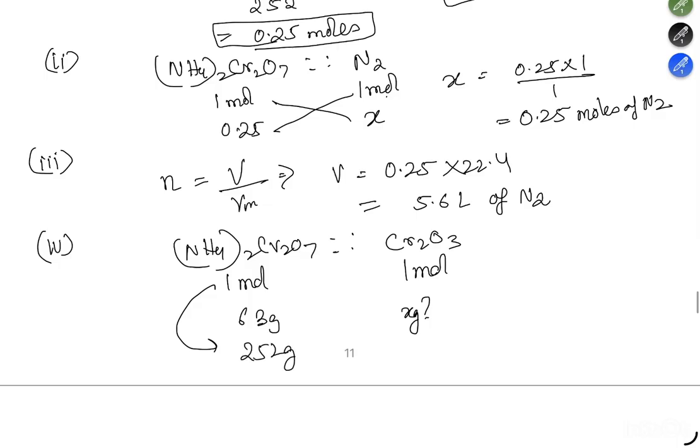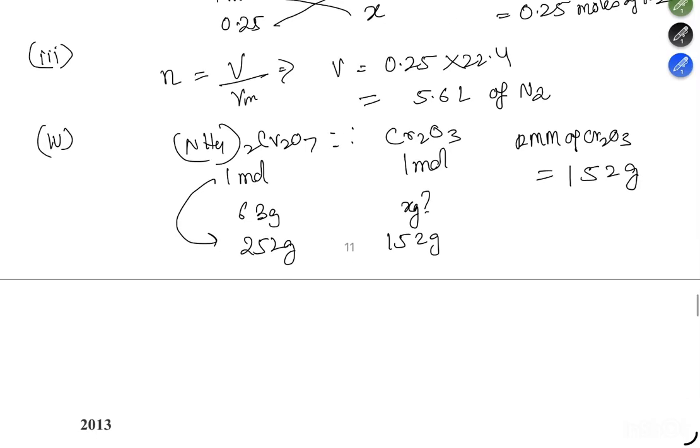So 252 gram in my balanced equation produces what mass of chromium oxide? You can calculate the RMM of chromium oxide separately. That answer you will get is 152 gram. So 252 gram produces 152 gram. So 63 gram will produce how much?